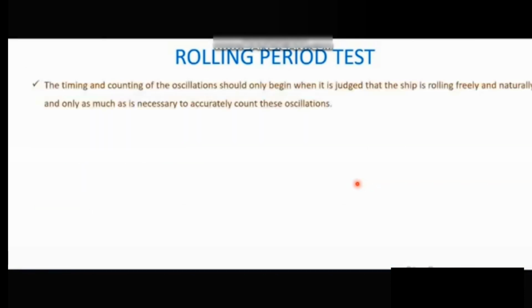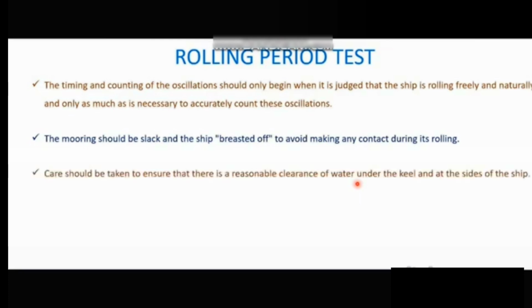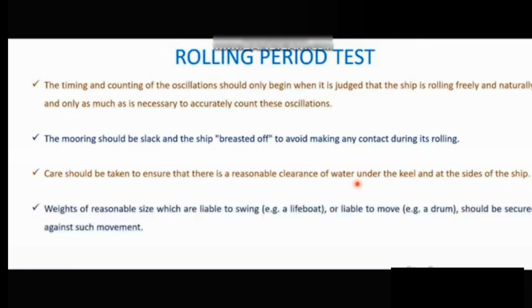The timing and counting of the oscillation should only begin when it is judged that the ship is rolling freely and naturally, and only as much as necessary to accurately count these oscillations. The mooring should be slack and ship breasted off to avoid making any contact in the rolling, because any contact will dampen the roll. Care should be taken to ensure that there is reasonable clearance of water under the keel on both sides of the vessel.